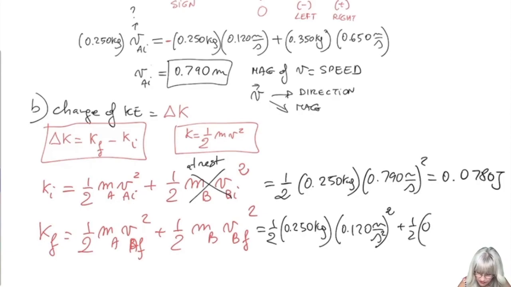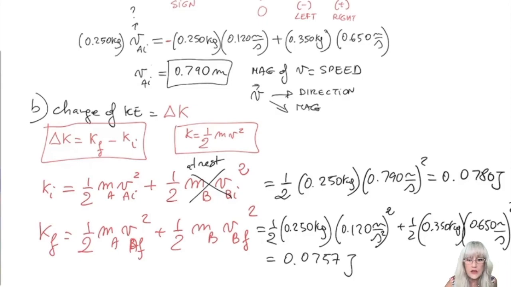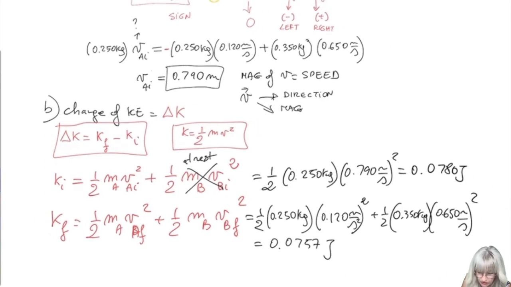This is the mass of B. Don't forget to square, and this comes out to be 0.0757 joule. All right? So please refer to the above to plug in all these very important numbers. This is the mass of B, mass of A, final velocity of A, and final velocity of B.